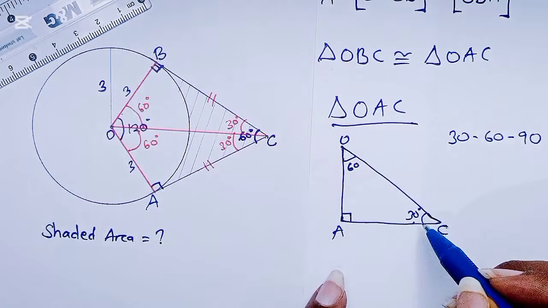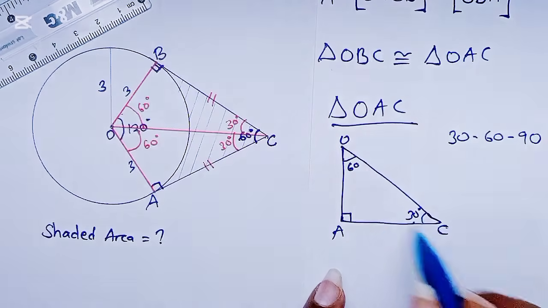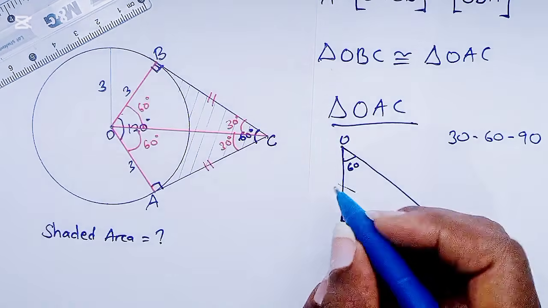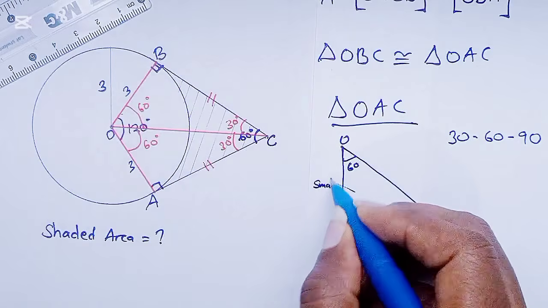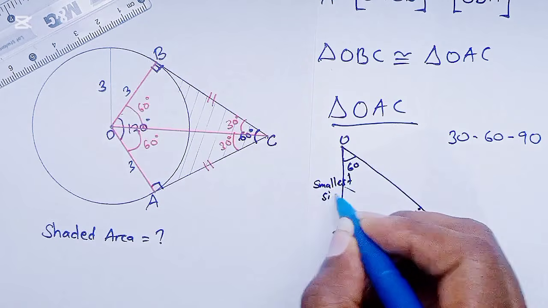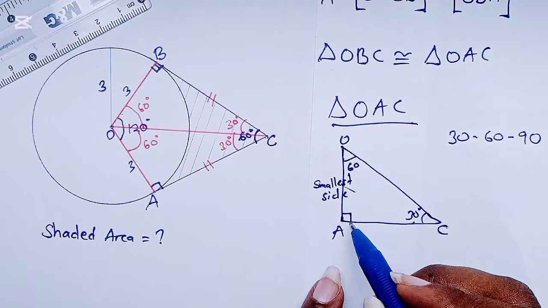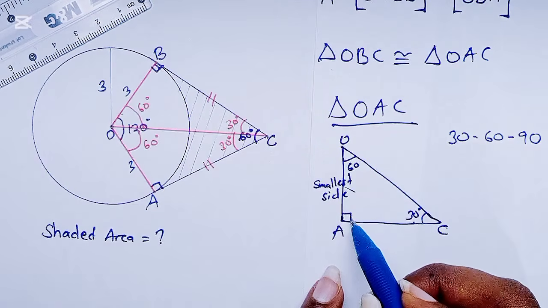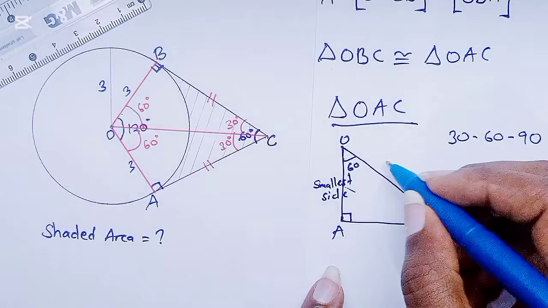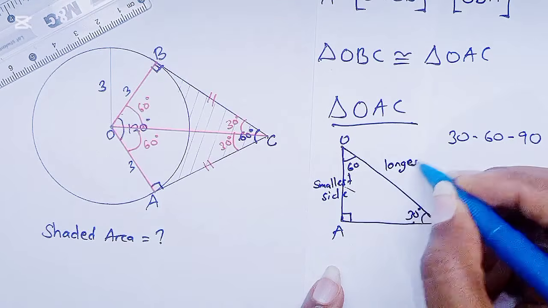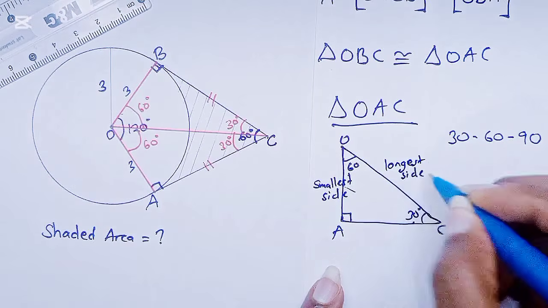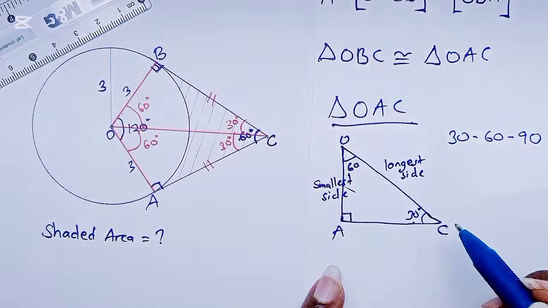Now, since this is 30 degrees and it's our smallest angle, its opposite side will be the smallest side. And the angle which is the largest, which in this case is 90 degrees, its opposite side will be the longest side, which is OC.